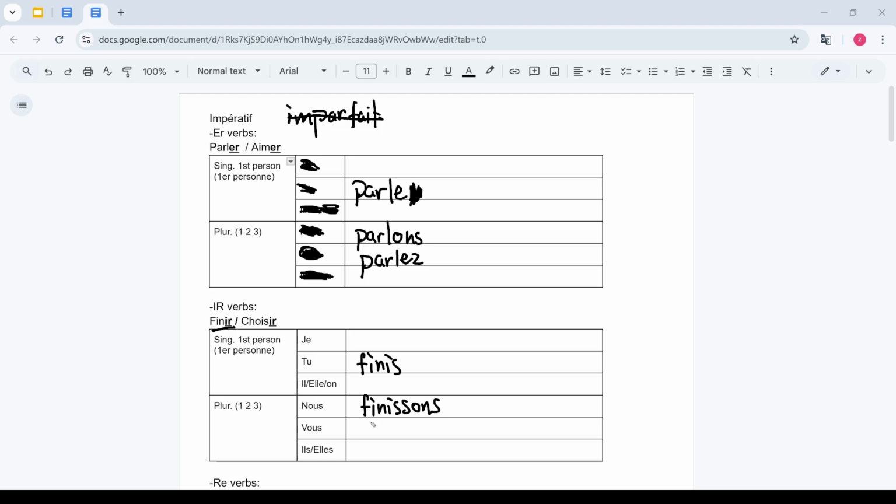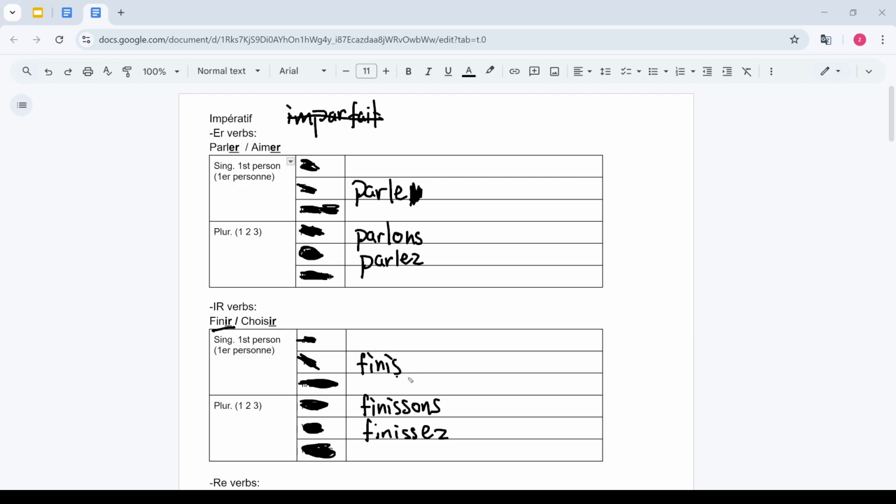And for vous, it is ISSEZ. Again, we cannot give an order to ourselves. We cannot give an order to someone we are not addressing. And we cannot give an order to people to whom we are not addressing. And our next step is to take off our subject. We do not say you finish, we say finish.